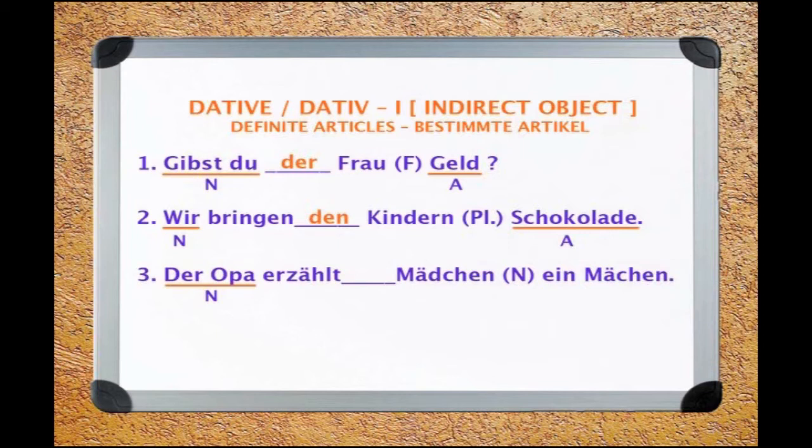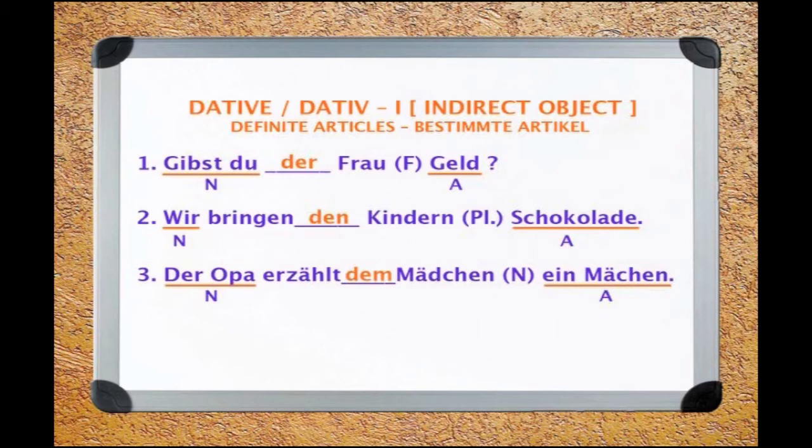Who narrates what, and that what becomes, as you know, the accusative, the direct object, which is ein Märchen, and to whom it is narrated, that person becomes dative, and here that person is Mädchen, which means a young girl. You know the article of Mädchen is das Mädchen, and that it belongs therefore to the neuter gender, and thus in dative becomes dem.